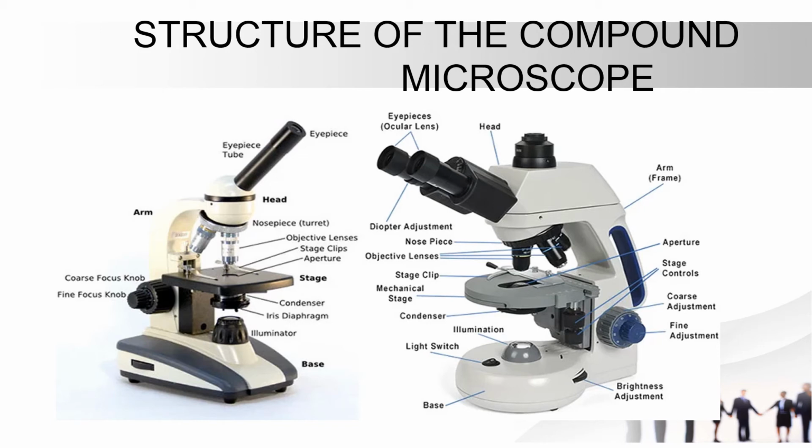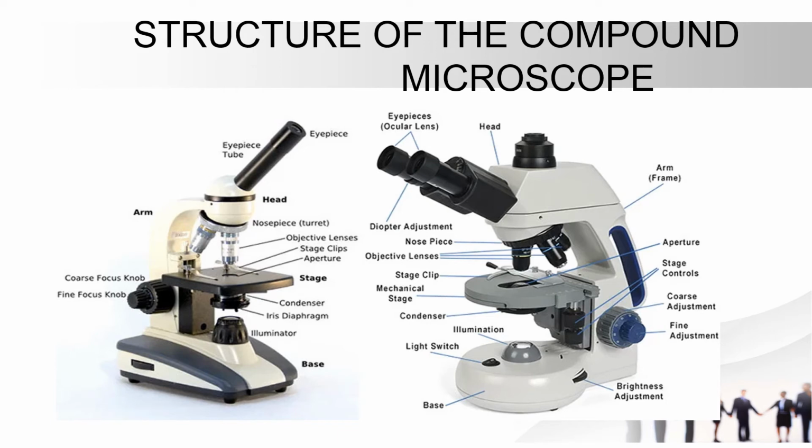We have the brightness adjustment, the base, the light switch, the illumination, the condenser, the mechanical stage, the stage clip, the objective lenses, the nose piece, and the diopter adjustment. So that is a more simplified compound microscope.